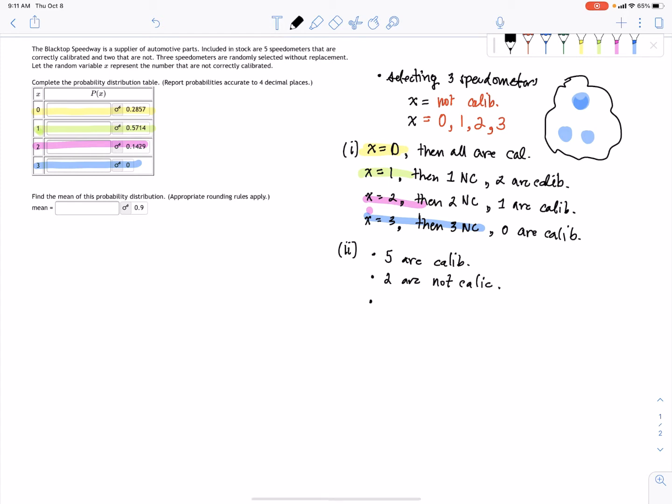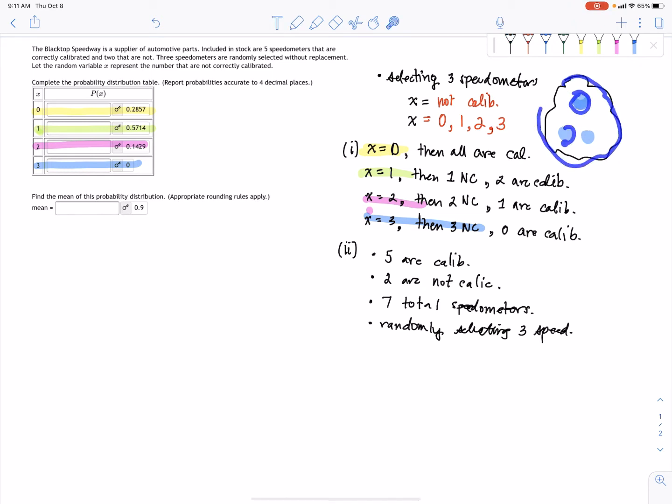And that means that 5 plus 2 is 7, so there's 7 total speedometers that we could pick from. And then we're randomly selecting 3. So we are grabbing 3 out of the box, right? Here's the box, and we're going to take 3.